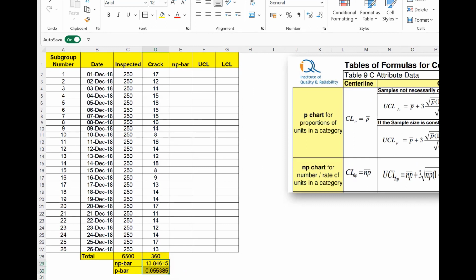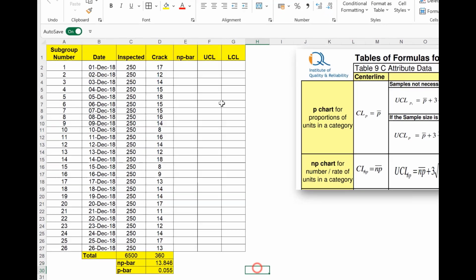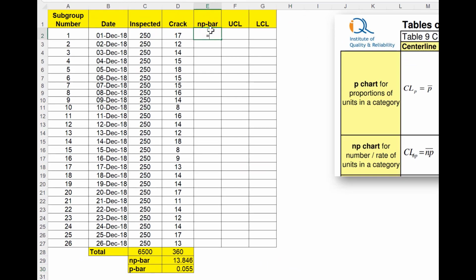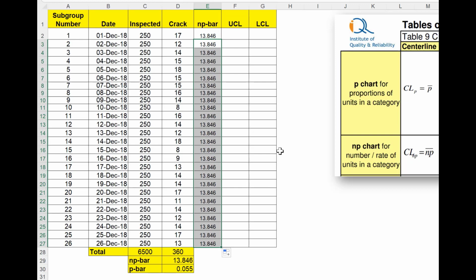I can reduce the decimals here in both cases to about 3 decimals. Now NP bar I will just copy from here and then copy from the upper row, and then I can copy this formula for all 26 days.